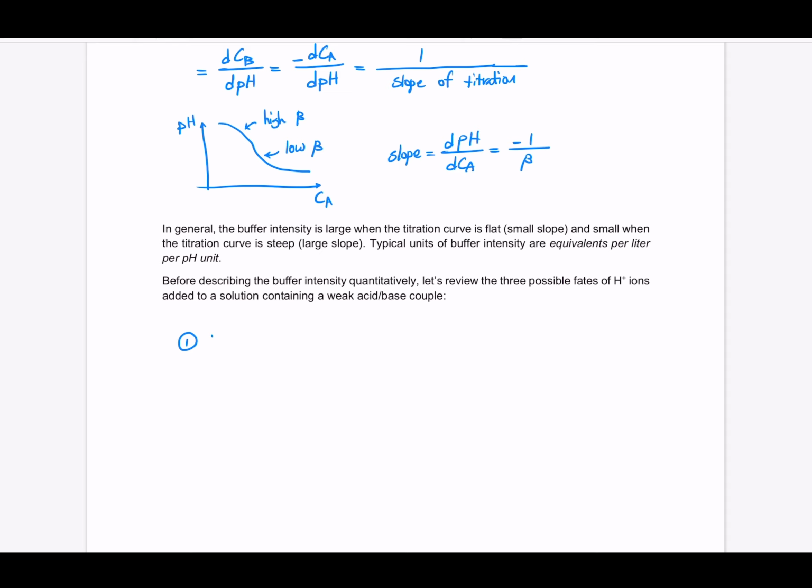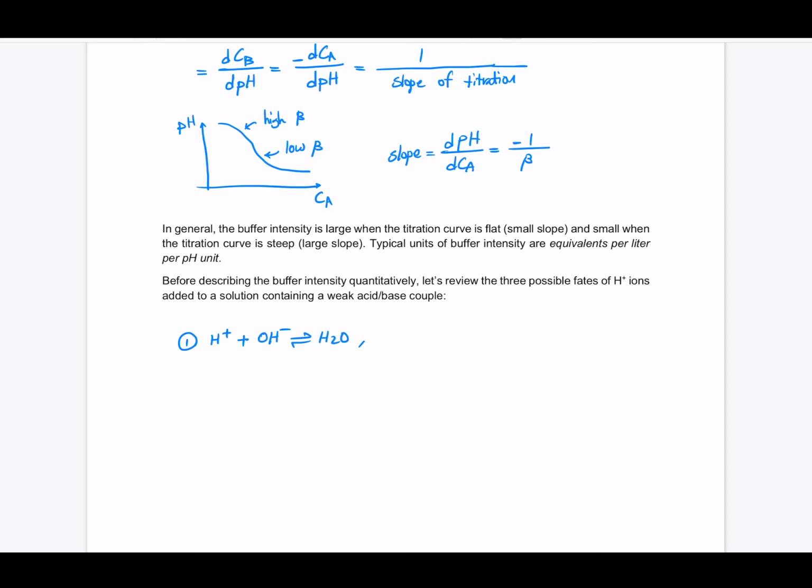So if I'm adding a proton, some of the proton coming from the titrant will be consumed by hydroxide to form water. So that's something that we always have. Depending on the pH, or depending on how much hydroxide we initially have, the amount of proton needed to be involved in that reaction would change.